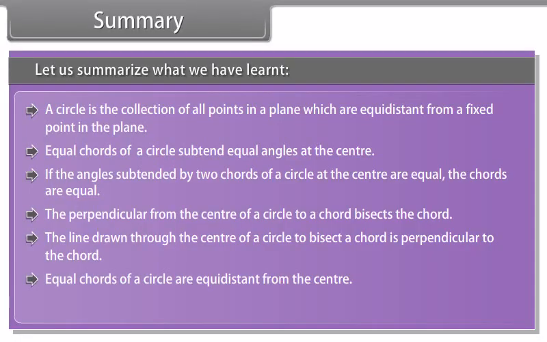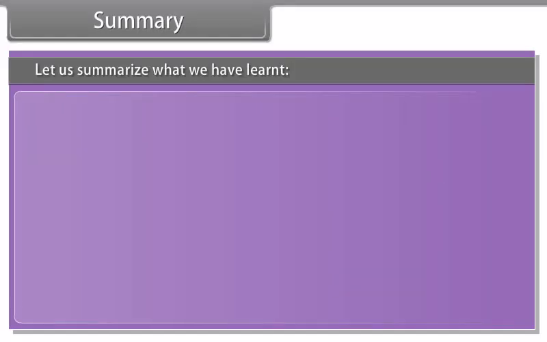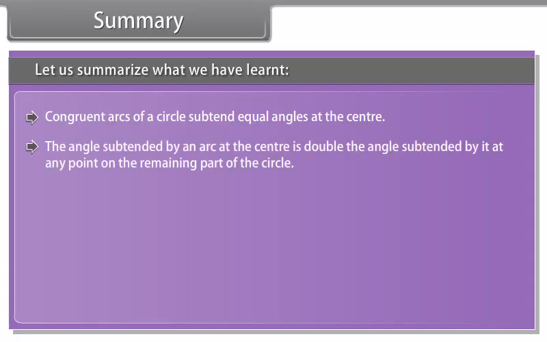Equal chords of a circle are equidistant from the center. Chords equidistant from the center of a circle are equal. Congruent arcs of a circle subtend equal angles at the center. The angle subtended by an arc at the center is double the angle subtended by it at any point on the remaining part of the circle.